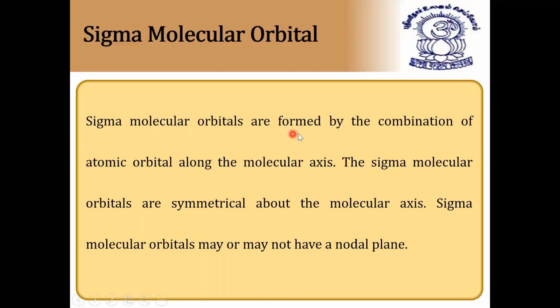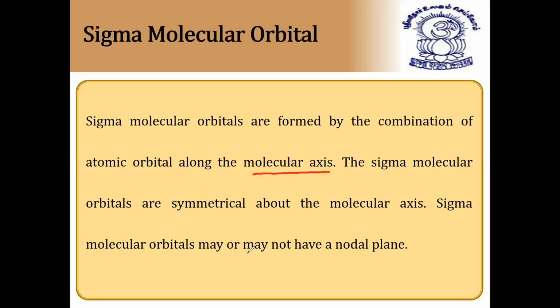Sigma molecular orbitals are formed by the combination of atomic orbitals along the molecular axis. You can see here, these are nothing but along the molecular axis. The sigma molecular orbitals are symmetrical about the molecular axis.